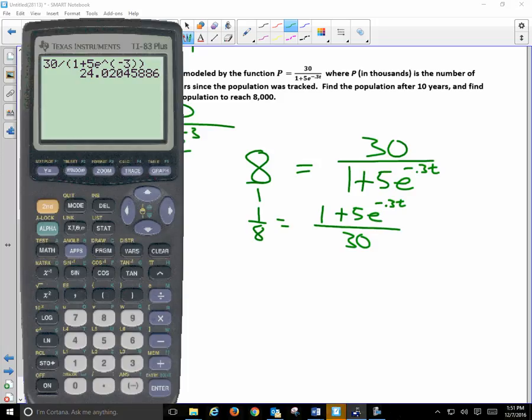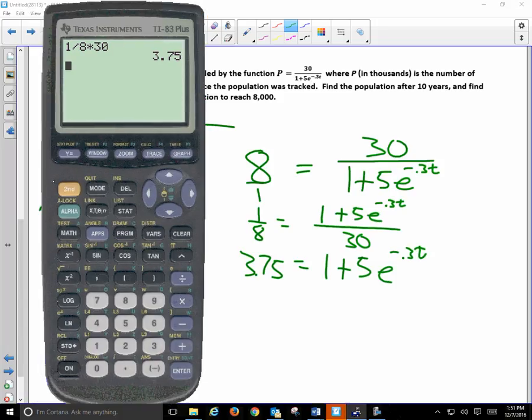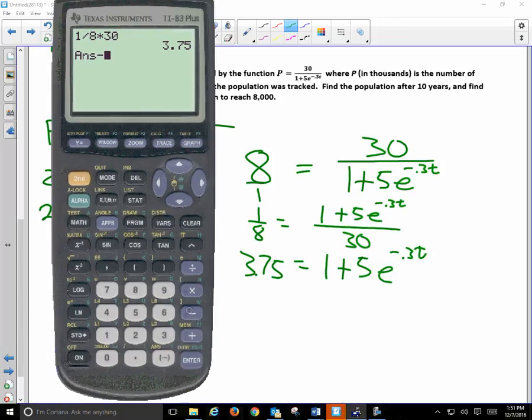So now how am I going to solve this? I'll multiply both sides by 30. So I have 1 over 8 times 30, and I get 3.75 is equal to 1 plus 5e to the negative 0.3t. Minus 1.